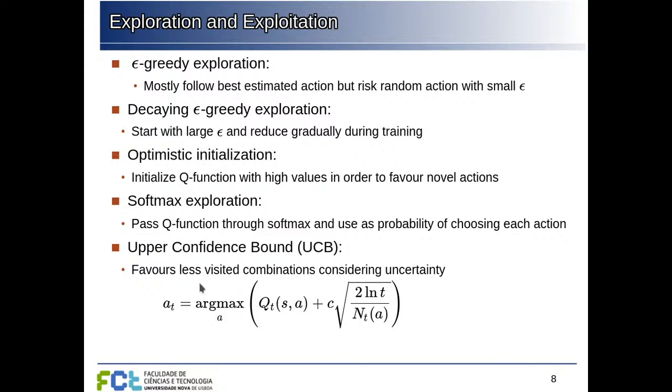So basically we are doing something that is a bit optimistic. If we didn't try this too many times, then maybe it will work well. But within some boundary, we use this. This value can be adjusted with C so that we give a relative weight to this uncertainty. Basically, if we use this, we are still using the recommendation of the agent, but also including some additional factor to encourage exploring new actions that we didn't try as frequently before.